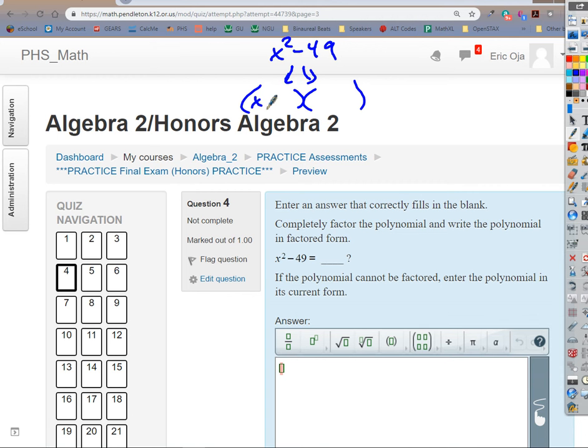X minus 7 times x plus 7, because 49 is just 7 squared. So it's x squared minus 7 squared. That's what we want for our answer. Questions on that? So let's just leave it like that. It's completely factored. They want it in factored form, so that's it. That's broken up as far as we can. Okay? Questions?